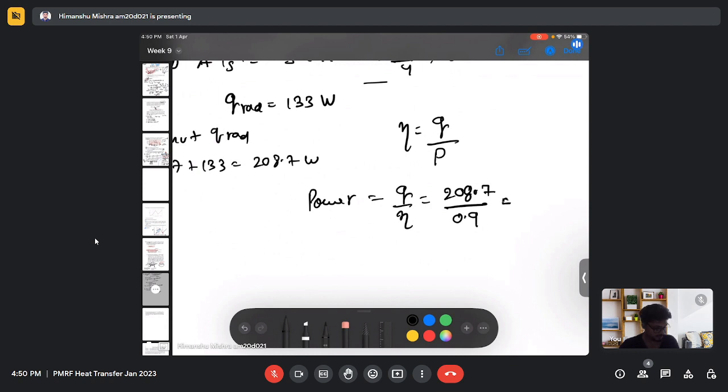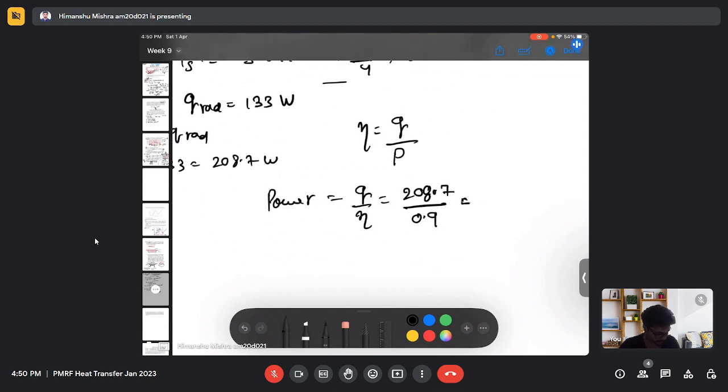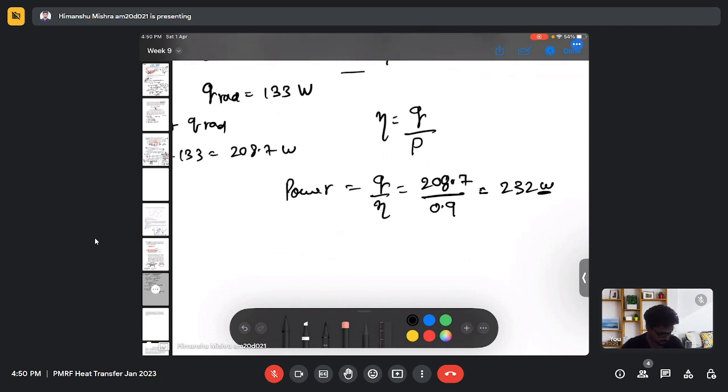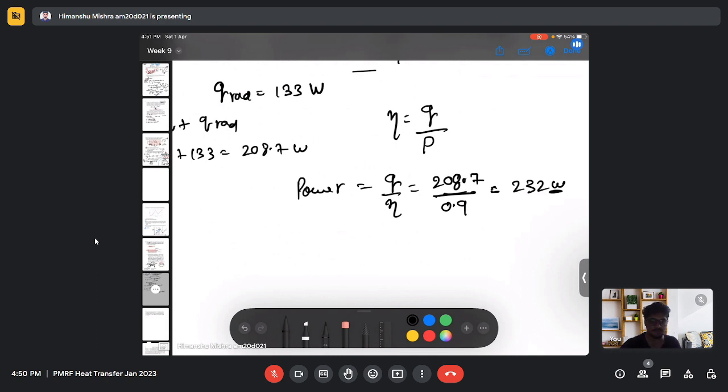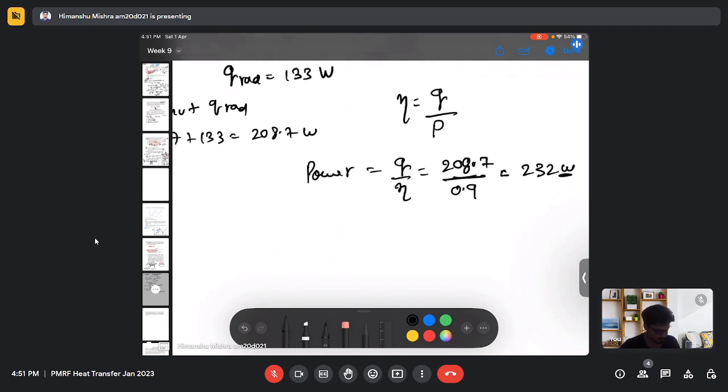That means the rated power for the electric heater is around 232 watt, which means it should emit heat of 232 watts, but it is emitting 208.7 watt, which makes the efficiency 90%.